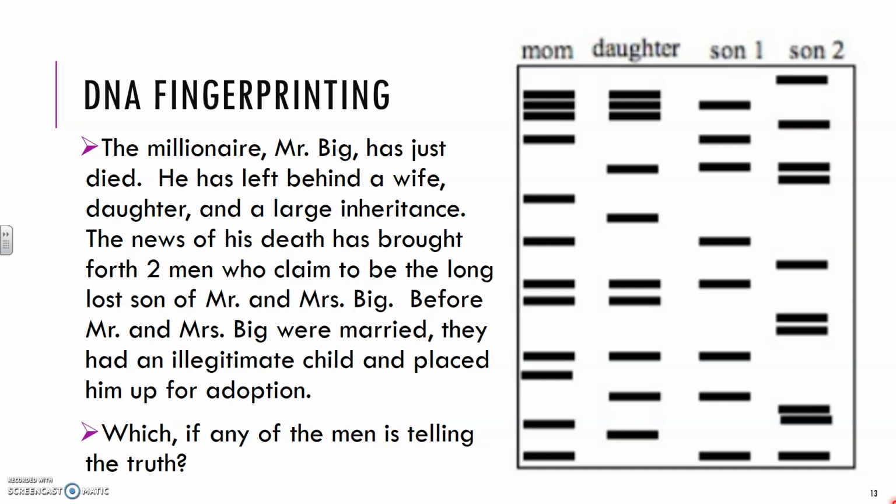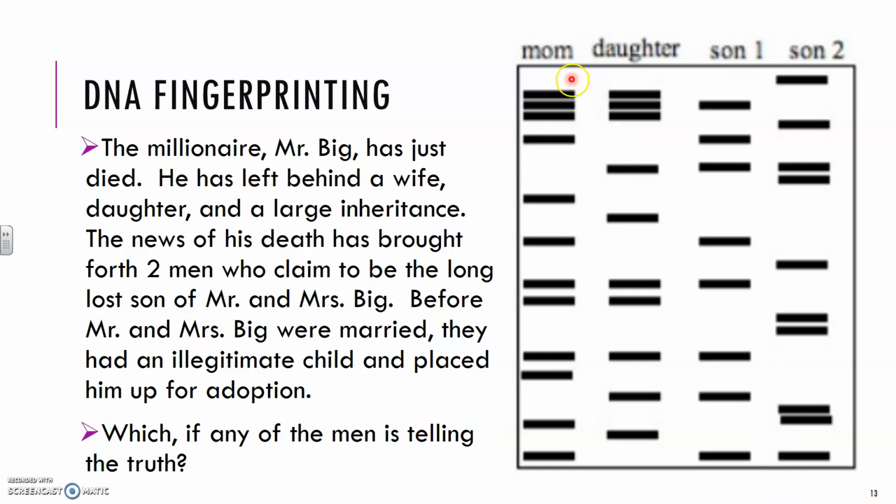If we had the DNA of the dad, we could compare the mom's DNA, the dad's DNA, and the potential son's DNA. Okay, so if there is a band in the son that is not found in the mom, if it's found in the daughter, that is a better case for saying that they are related, but it won't have to be found in the daughter. Okay? I know it's a little bit weird, but alright.